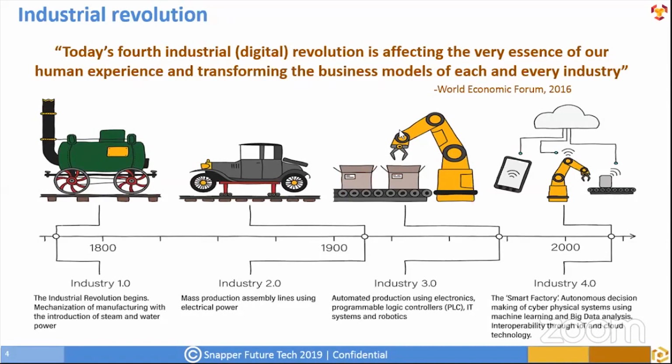The Industrial Revolution is all about how to make human lives better, and it is closely associated with the manufacturing industry. So in the first revolution, that is Industry 1.0, the steam engine was invented, because of which machines came into existence, thus reducing human labor and providing more efficiency and productivity.